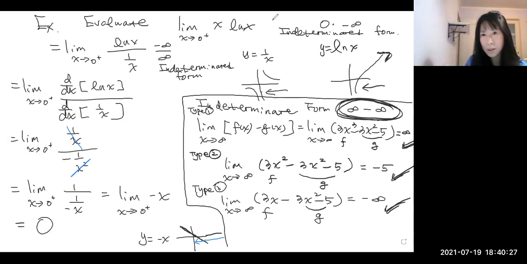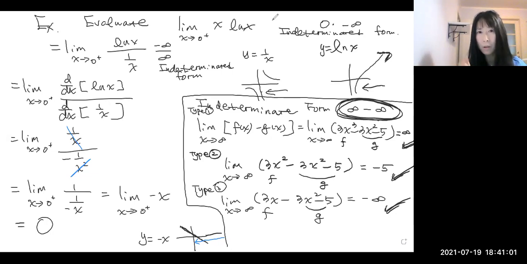All right, let me erase this one. So basically, infinity minus infinity depends on the last type. The last type, type number 3, is about f minus g of x. So in this case, g of x approaches infinity faster than f of x.